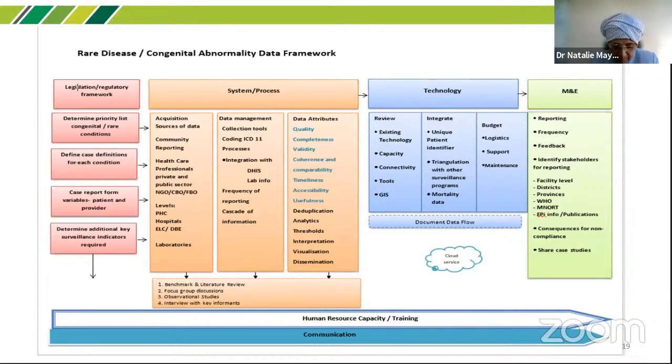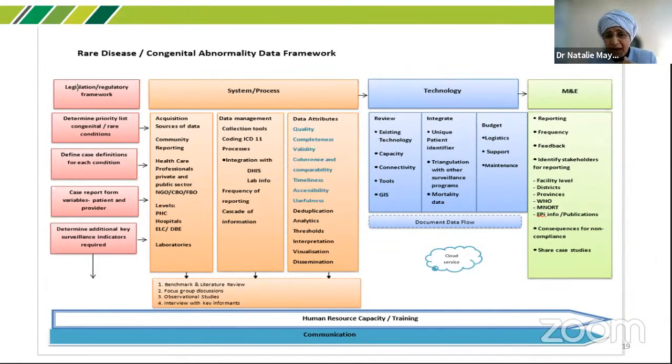And when we look at the system and the processes, we have to incorporate the data attributes. So we want to focus on the quality of data in terms of its completeness, validity, coherence and comparability.